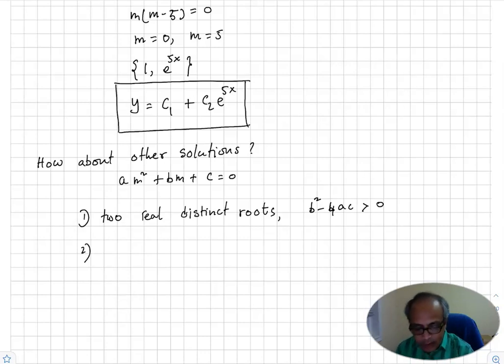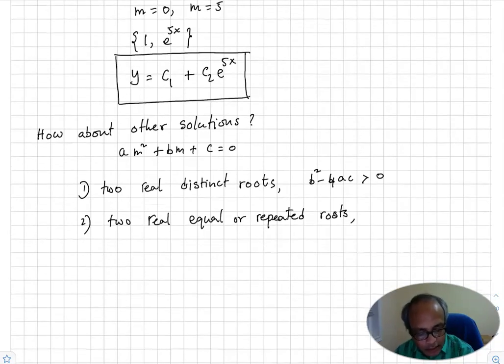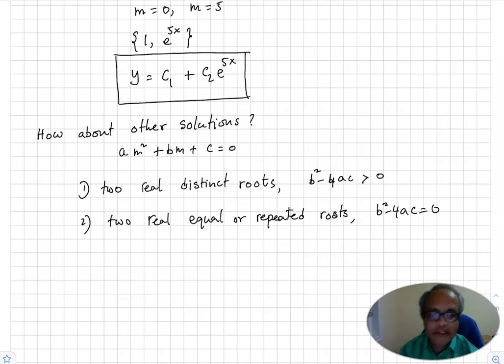Number 2, it will have two real equal or repeated roots if the discriminant is 0.